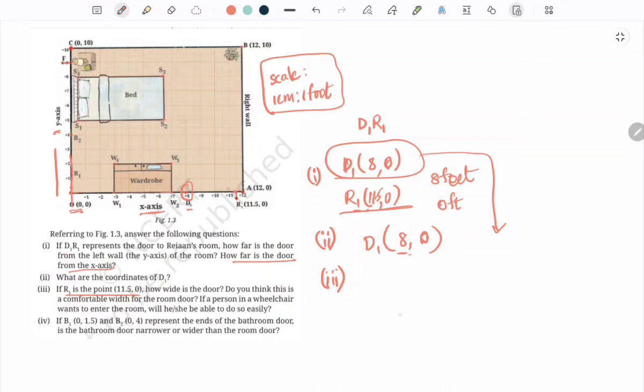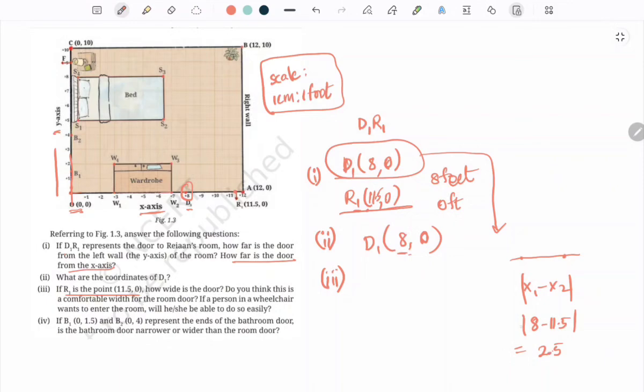Suppose 2 points lie on the same axis, which means the y coordinates are 0 here. What did I tell you? It's just mod of x1 minus x2, which means 8 minus 11.5, which is 2.5.